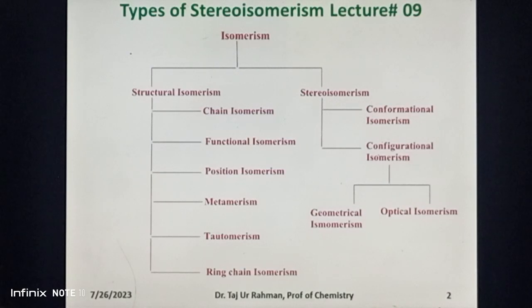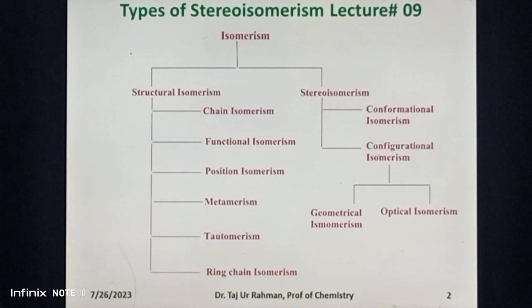So far in our previous lectures on stereochemistry, we discussed that isomers are the compounds that contain the same atoms bonded together in a different way. If the connectivity of atoms in the two isomers is different, they are called structural or constitutional isomers.